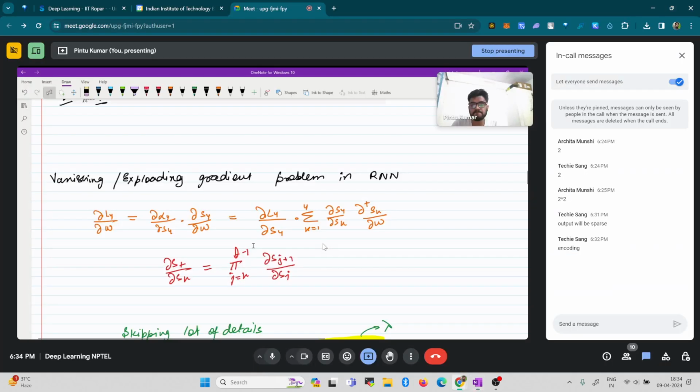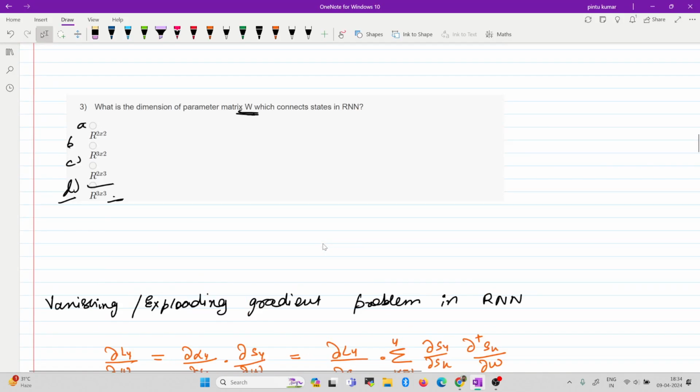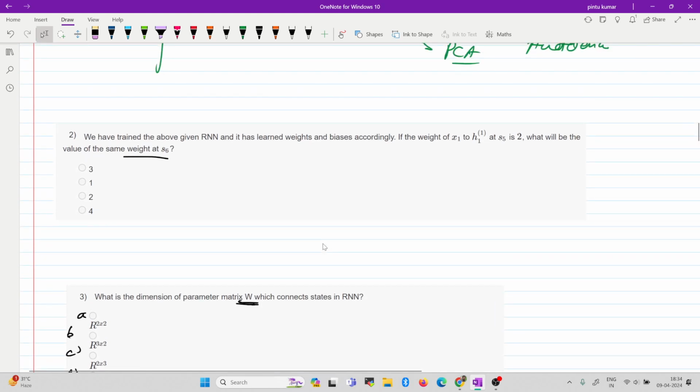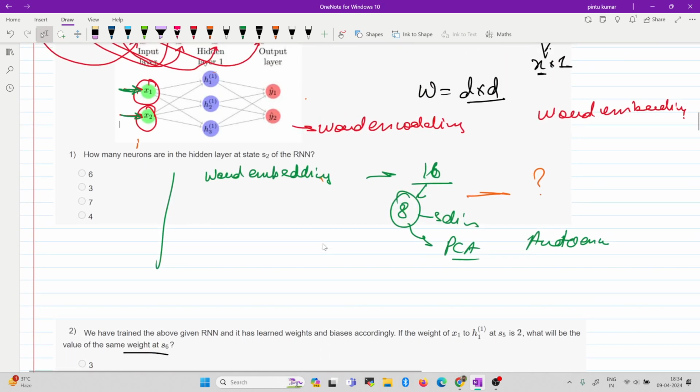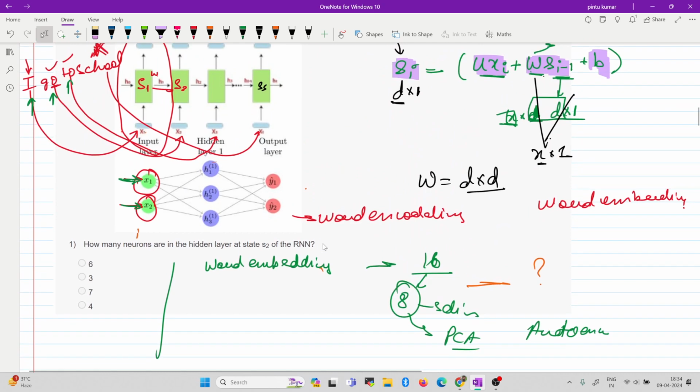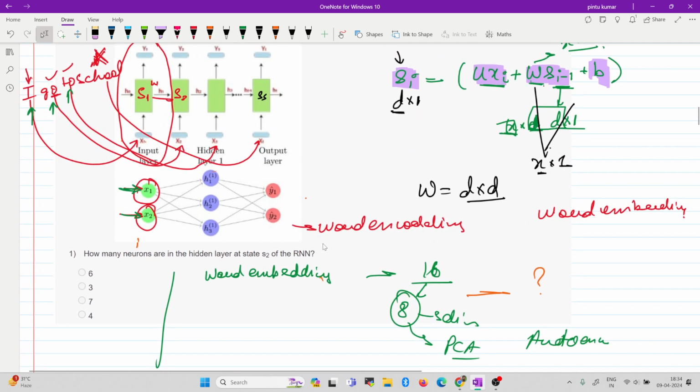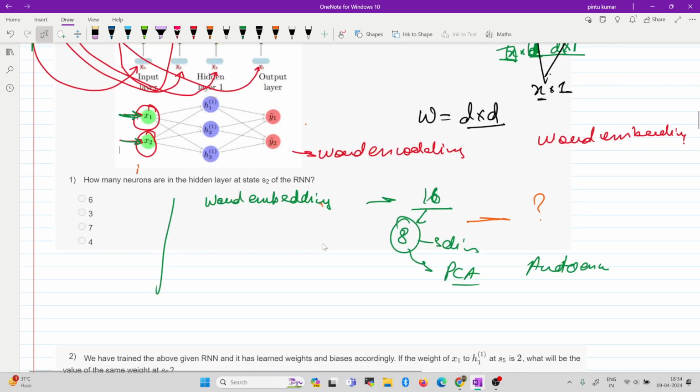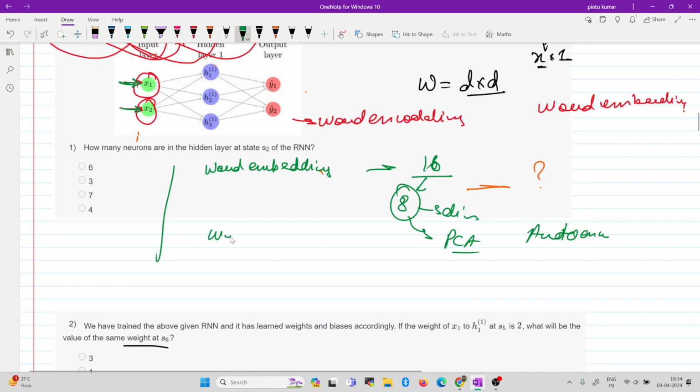Sir, how can we calculate the dimension? A dimension of what? Dimension of the word, a particular word. You mentioned 8 or 16 dimension, didn't you? So when you were doing word embedding, what you were doing is converting every word to some vector in R^n, right?